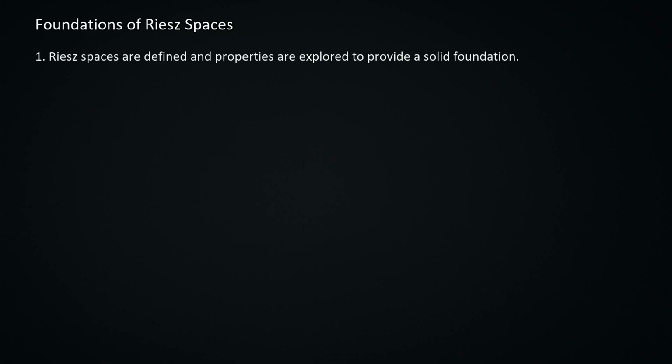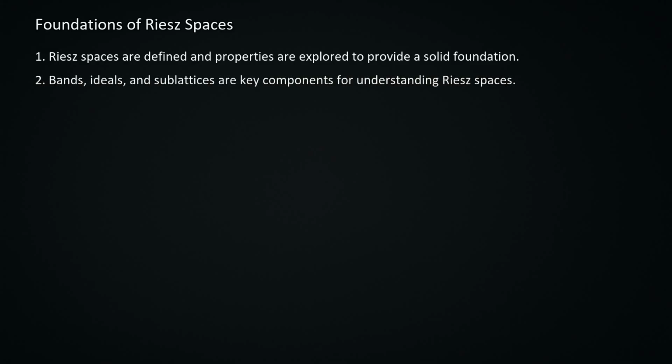He begins with the definition and properties of Riesz spaces, normed Riesz spaces, and order convergence. This foundational material provides a solid grounding in the basic terminology and techniques needed for further study. Nieberg emphasizes the importance of understanding Riesz spaces through their constituent parts: bands, ideals, and sublattices.